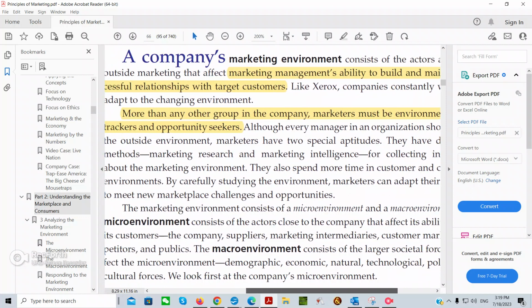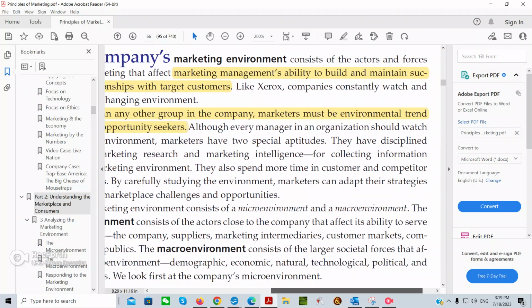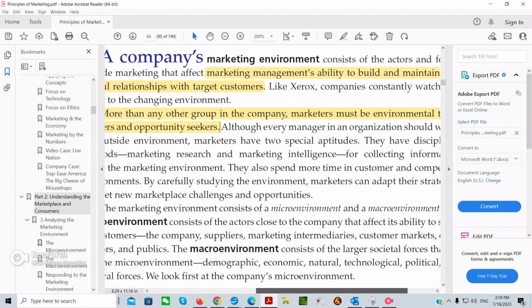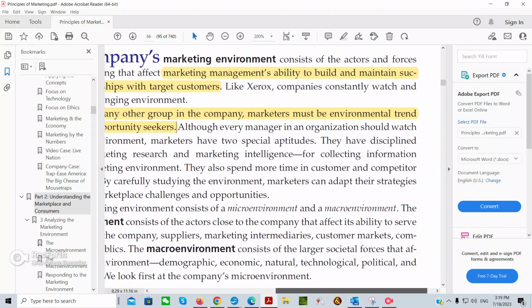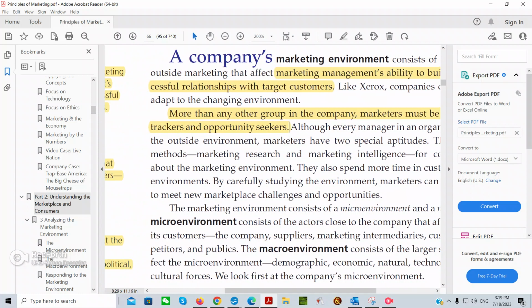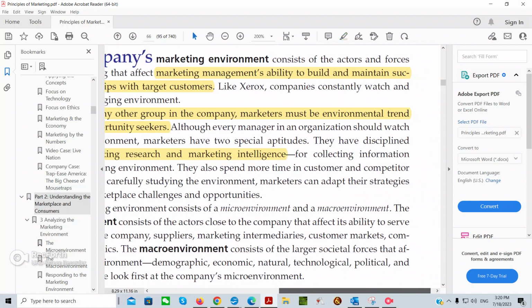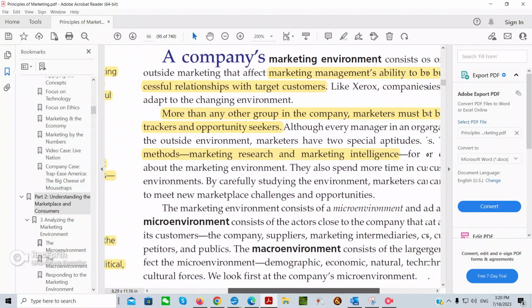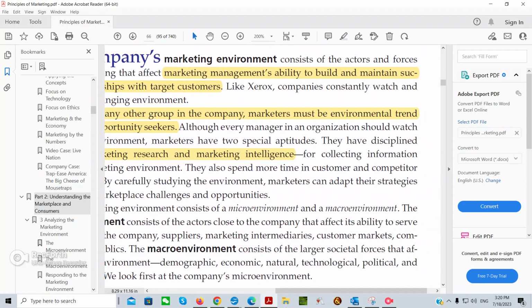Okay? Now, every manager in an organization should watch the outside environment. Marketers have two special aptitudes. They have disciplined methods, which is marketing research and marketing intelligence. When I talk about marketing intelligence, I'm referring to collecting information about the marketing environment.